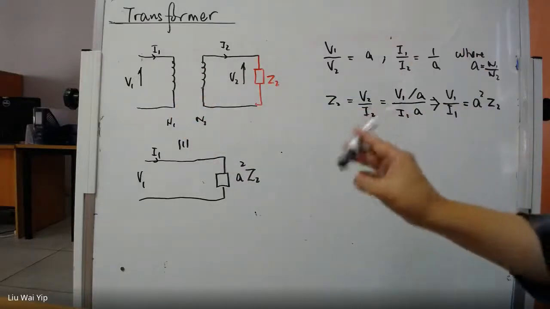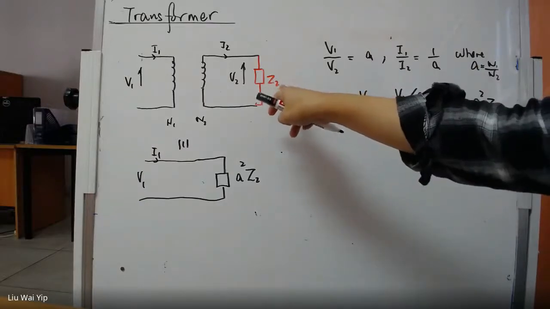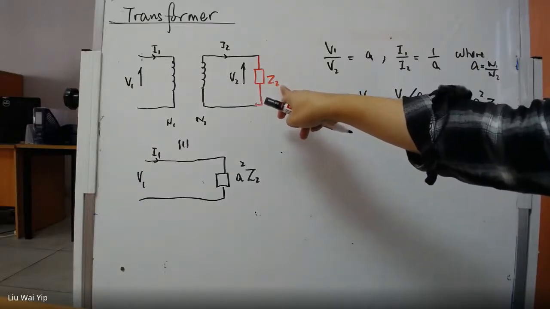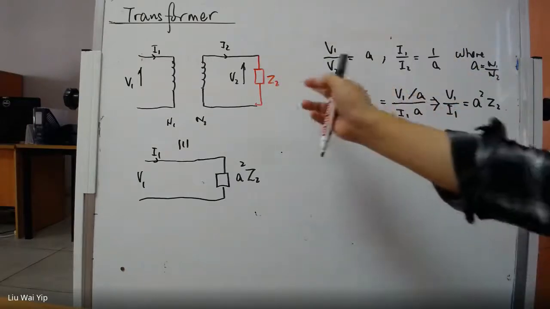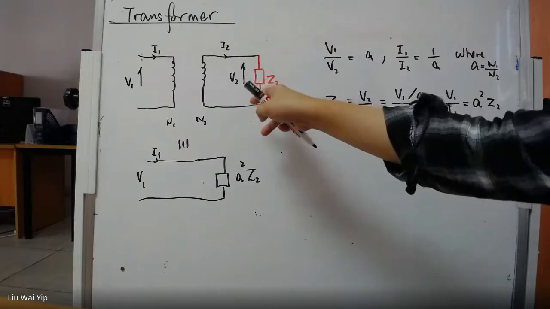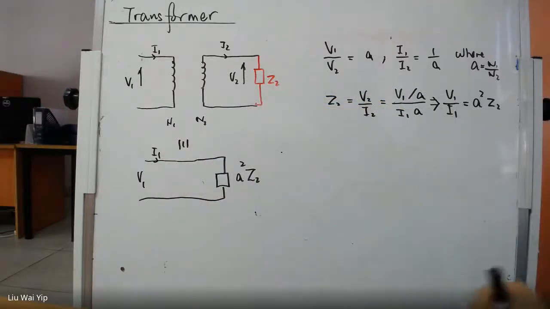So in this process, instead of labeling the load impedance Z2, instead of being so inflexible, we can easily scale Z2 by the turn ratio squared, and then make it a circuit element for the primary.